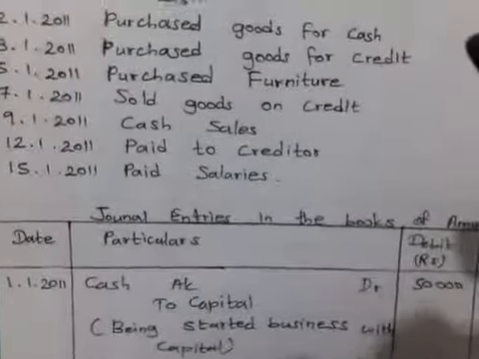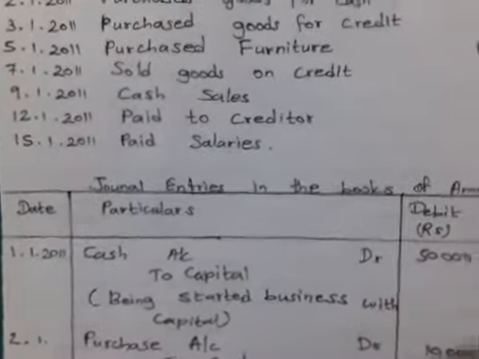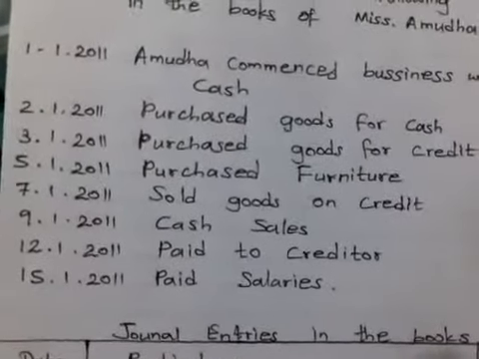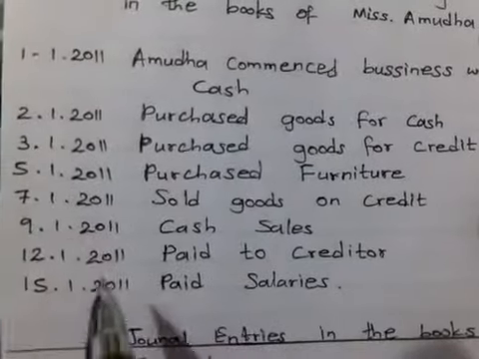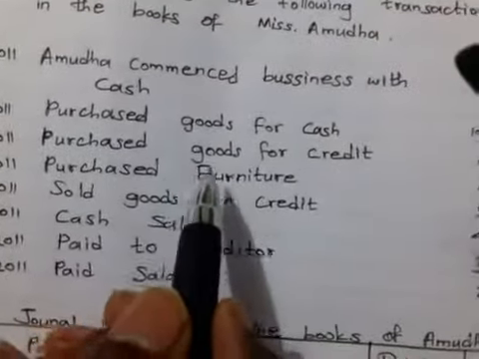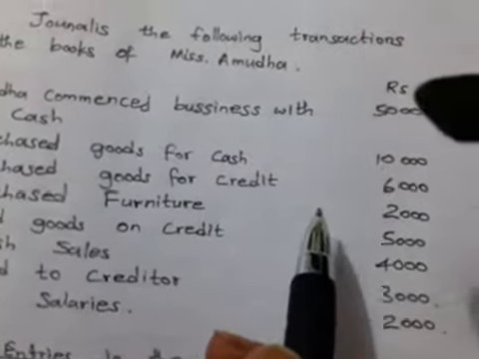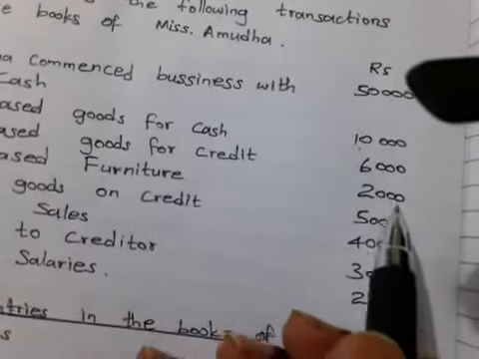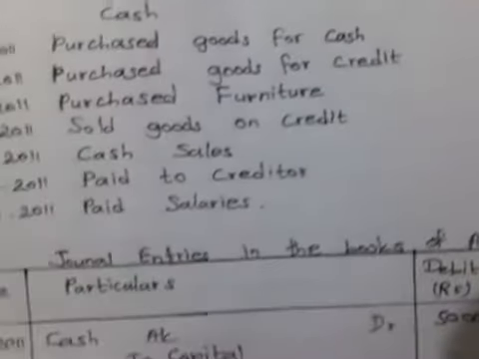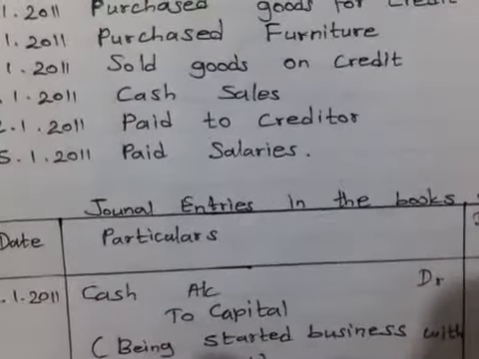Next transaction. 3 January 2011, goods purchased on credit 6,000. Let's record the entry.